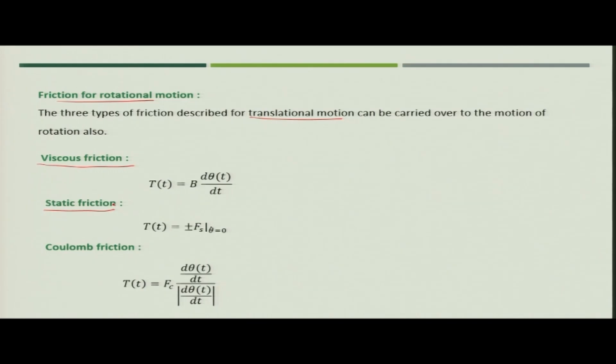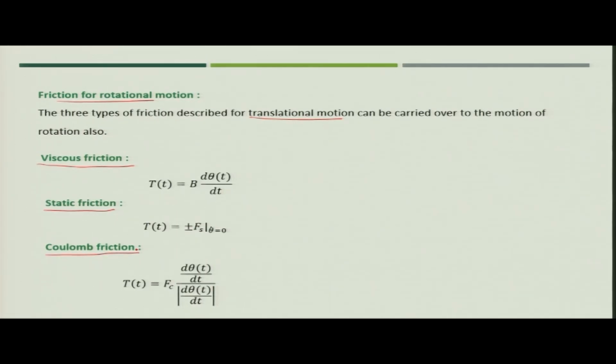Then static friction, in that case the friction torque T can be defined as plus minus Fs, that is the value of static friction for theta dot equal to 0, that is the object is just about to move. In that case the value of friction is given by Fs, plus minus is basically used to show the direction of the friction which will be applicable in the body.